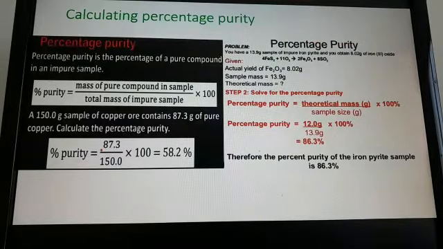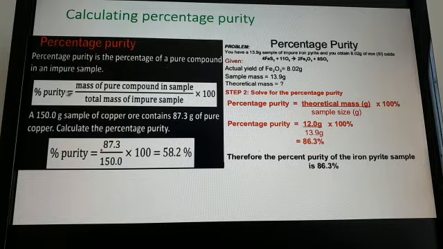Now calculating percentage purity. What do you mean by percentage purity? Percentage purity is the percentage of a pure compound in an impure sample. Sometimes we will get an impure sample, we can't say that all the substances are pure. Some of them are impure, but we have to find the percentage purity, the percentage of a pure compound in an impure sample.